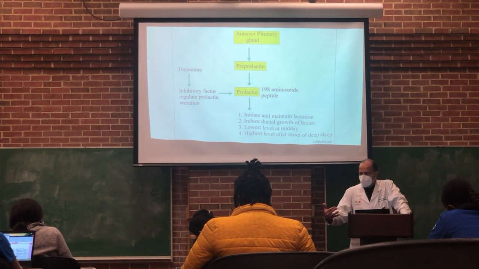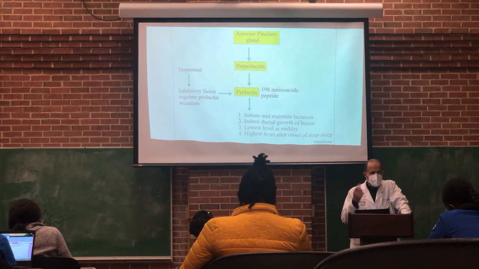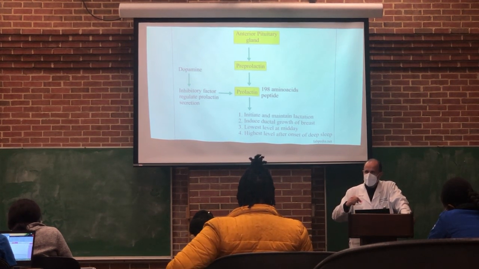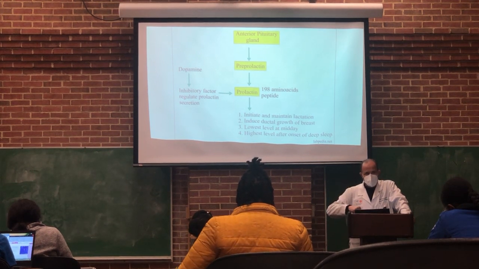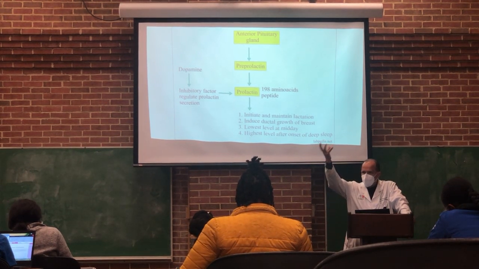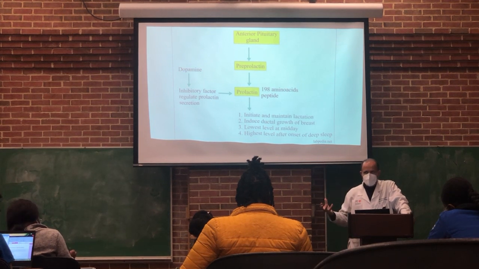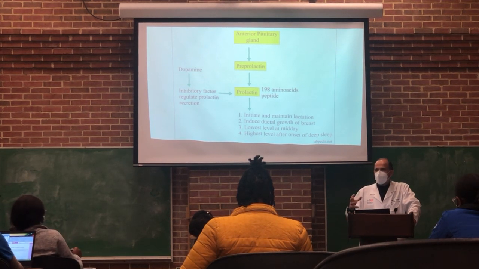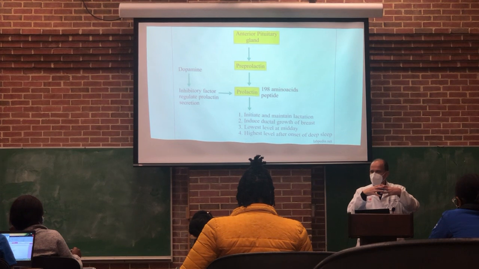What's the mechanism for that? These medications inhibit what? Dopamine. And dopamine is basically the inhibitor of prolactin. It is secreted from the hypothalamus, goes to the pituitary, and inhibits prolactin secretion. So whenever you have a medication that is inhibiting dopamine, then there will be more release of prolactin.